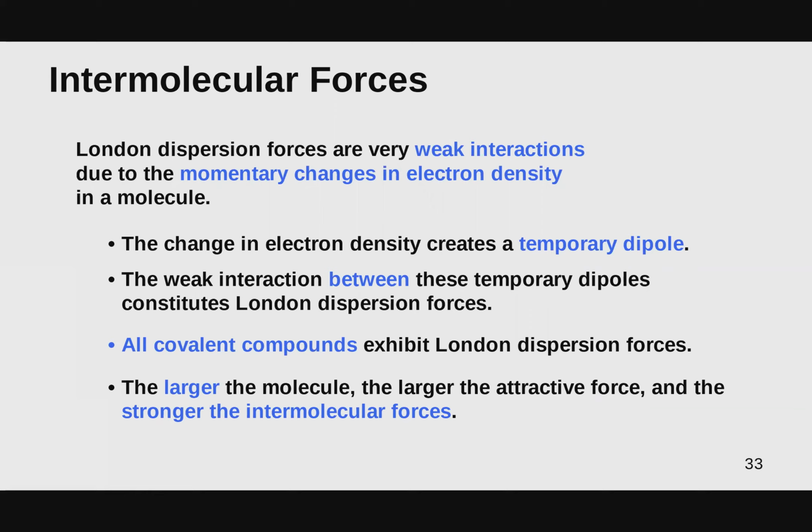But whereas a polar bond is a permanent change in electrons, a temporary dipole essentially changes in a fraction of a second. Like we're talking milliseconds of a change here. Now, this weak temporary dipole causes a weak electrostatic attraction between temporary dipoles between two molecules or two atoms.